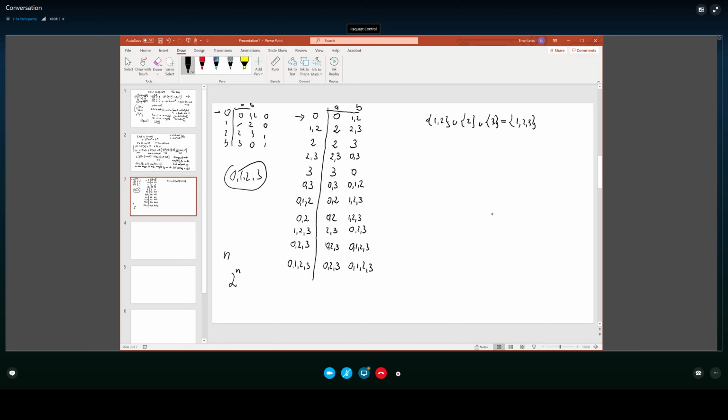So 0 is rejecting, and so it is rejecting in the DFA. 1 and 2, well, 1 is rejecting, but 2 is accepting, so there is a final state in 1, 2, so we call this accepting. 2 is accepting. 2, 3 is accepting. 3 is accepting. 0, 3 is accepting. 0, 1, 2, 2 and 3 are accepting. 0, 2, 2 is accepting. 1, 2, 3, 2 and 3 are accepting. 0, 2, 3, 2, 3 are accepting. And 0, 1, 2, 3, 2 and 3 are accepting.